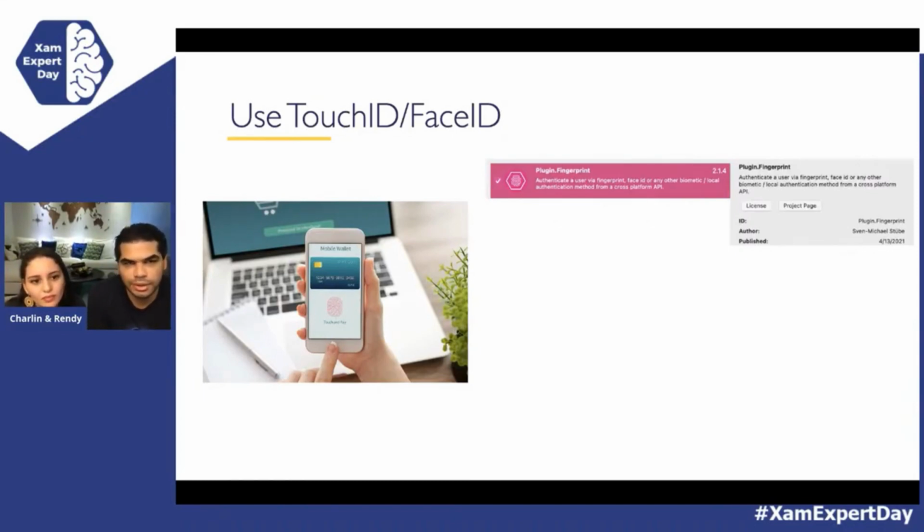If we can make the login just one touch or just showing my face, obviously it's a great experience, and many banking applications use this approach because in the case of a banking application, we cannot use auto login right away, or at least not in the same way. We should always log in the user somehow, and we use TouchID and FaceID for those types of approaches.